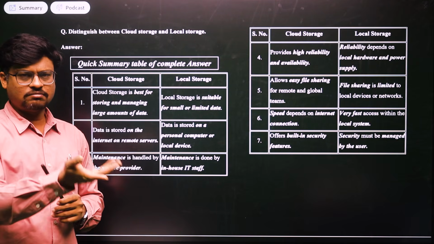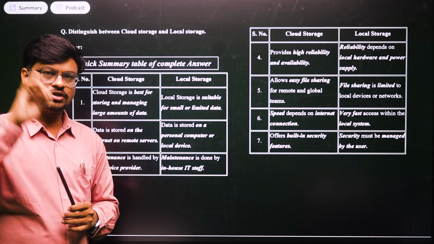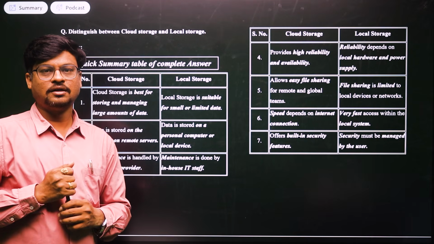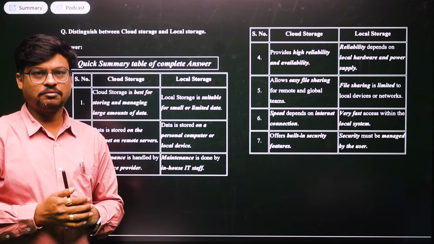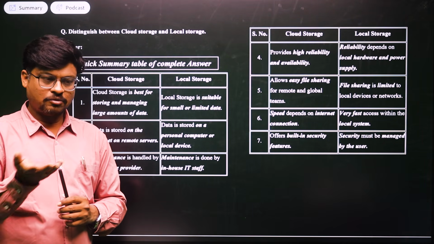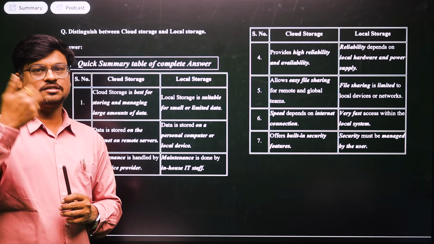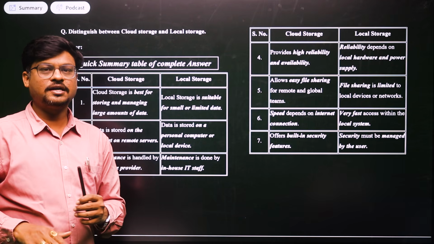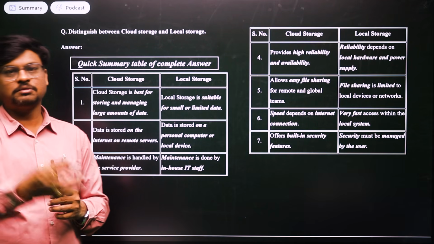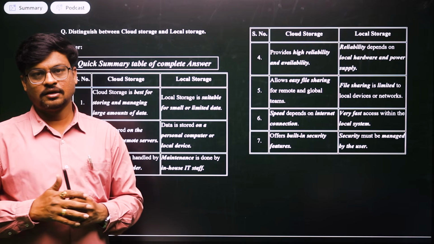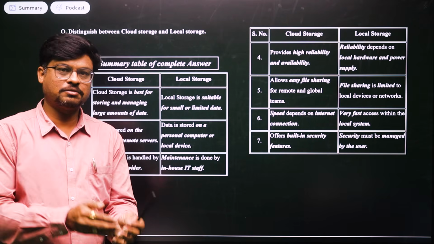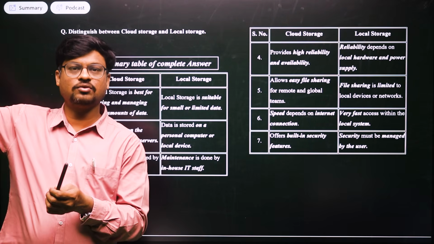In my mobile phone, all photographs are stored in the cloud, not in my mobile. Because I am not wasting my mobile space, since as space increases, my mobile processing speed decreases. And even when I change my mobile, I can get all my contacts back, because my contacts are stored in my Google Drive.